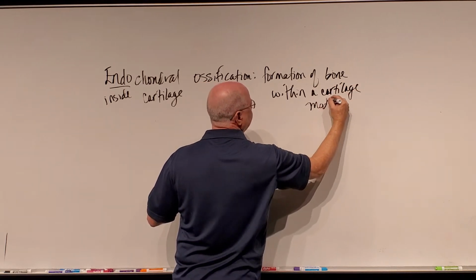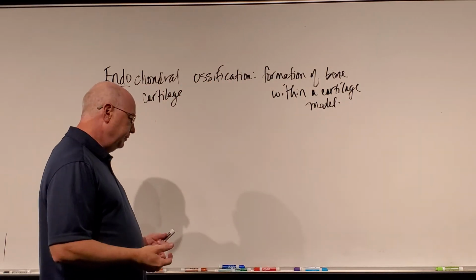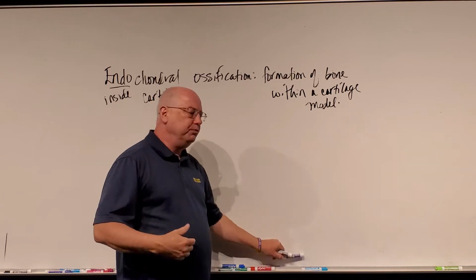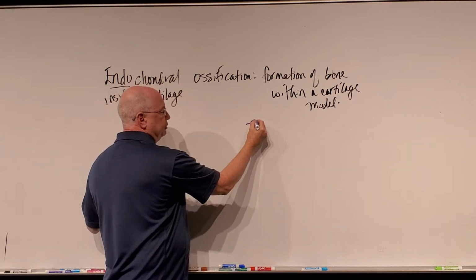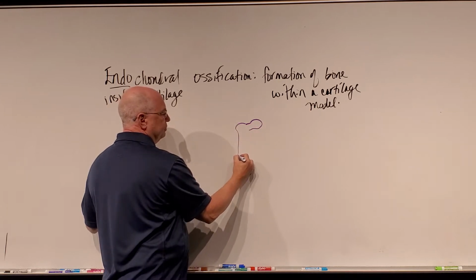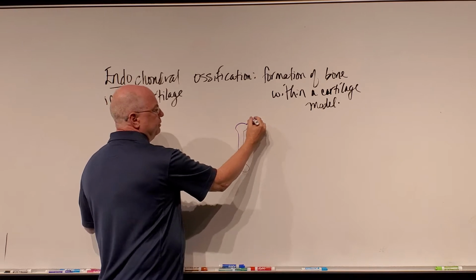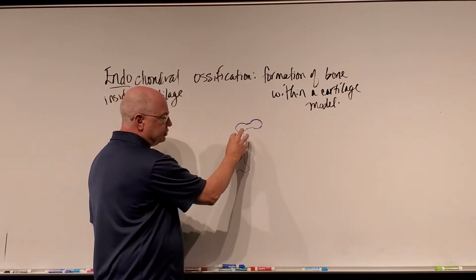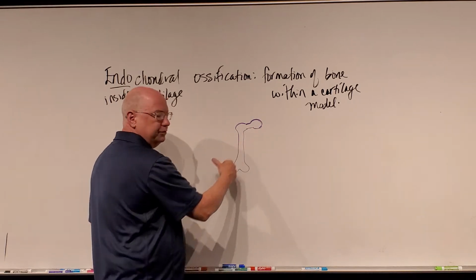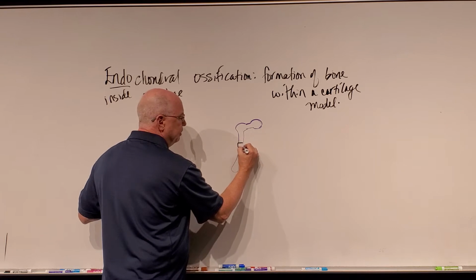And we're going to go over this in great detail in a second, but essentially, during our development, when we're in the womb, we have, for example, a miniature femur that forms, but the entire femur structure would be made entirely out of cartilage. And then within this cartilage model, we go in and remove some cartilage and put some bone in here.